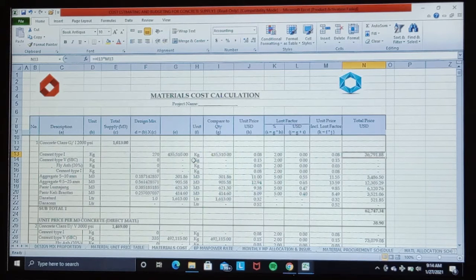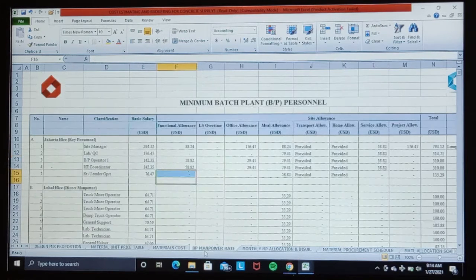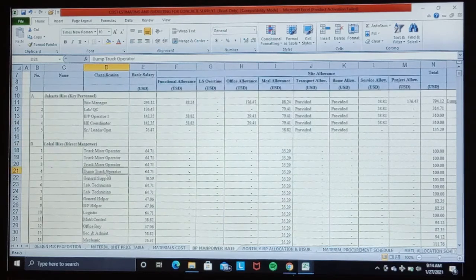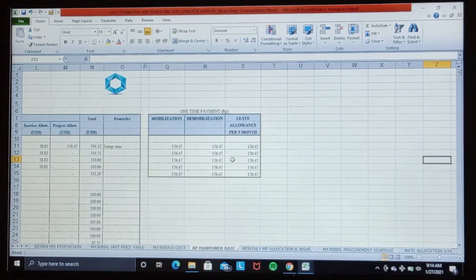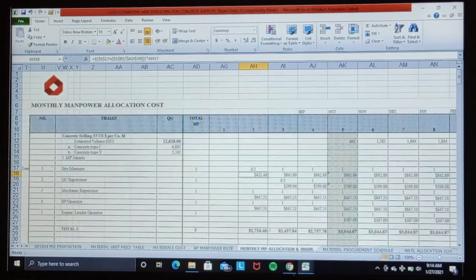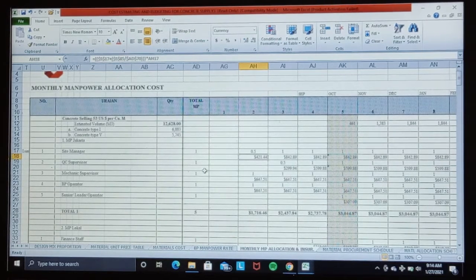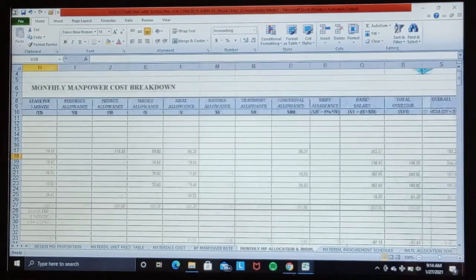Then we create manpower table required to meet the contract requirement, complete with salary structures and other allowance for direct and indirect manpower. Then we calculate the monthly manpower cost for each personnel. Okay, in this section, you could see in this section.